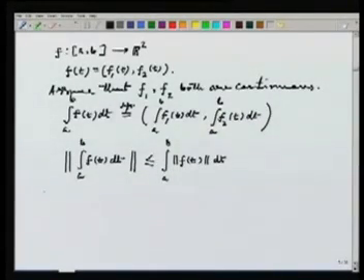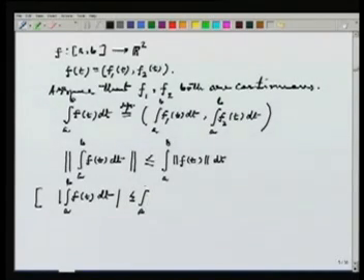And you know whose analog this is? It is the analog of the fact that mod integral a to b f(t) dt is less than or equal to integral a to b mod f(t) dt. So it is the analog of this well-known result which we have done earlier.